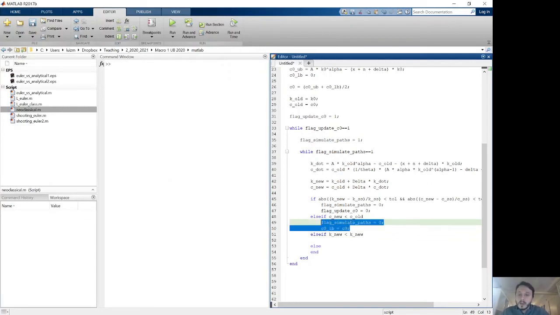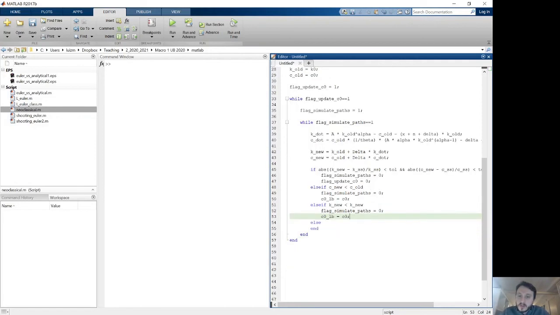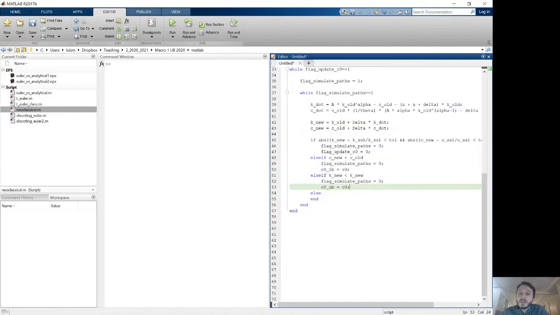Okay. If capital starts decreasing, it's the opposite. We want now the upper bound to be equal to the previous guess of the initial consumption that we made. Okay. And there's a last thing that can happen, which is if the variables don't converge, if consumption doesn't decrease, and if capital doesn't decrease.